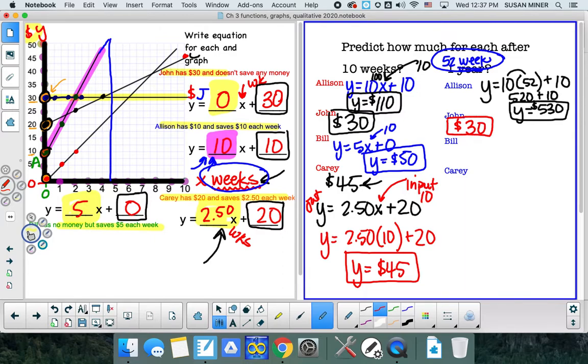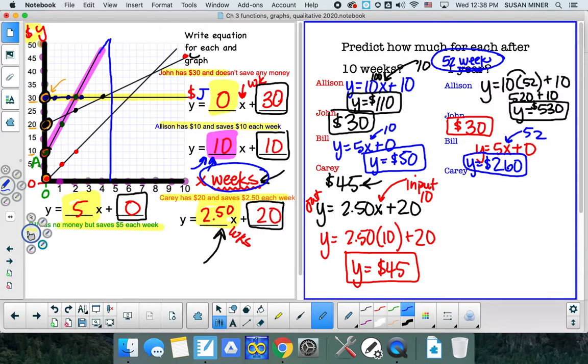Bill didn't start out with any money, but he's saving $5 every week. So if we input our 52 into here, we are going to get $260, right?